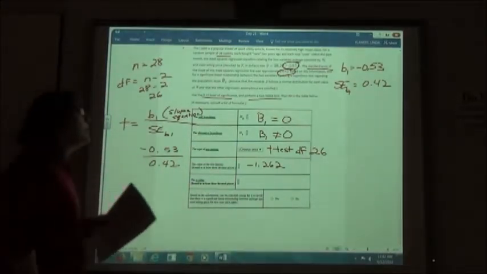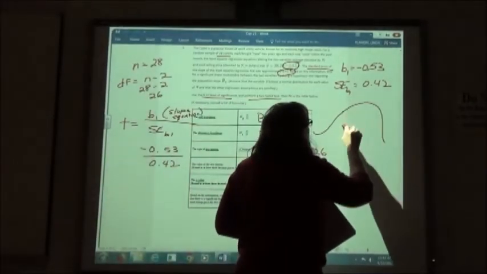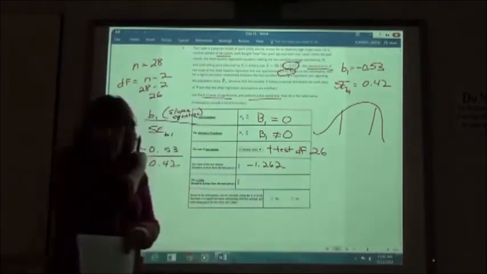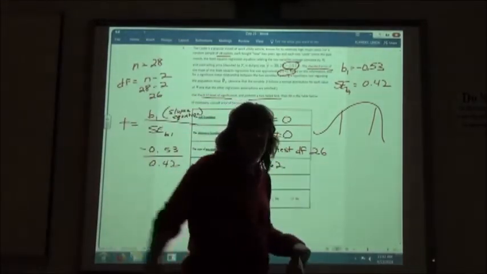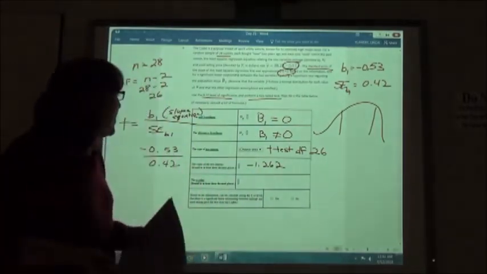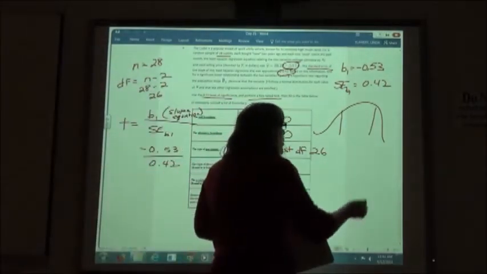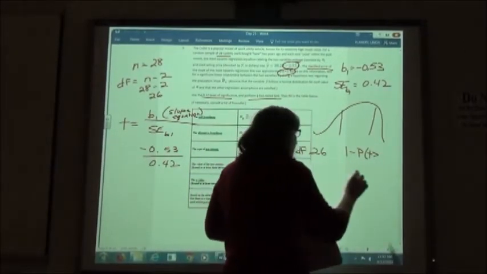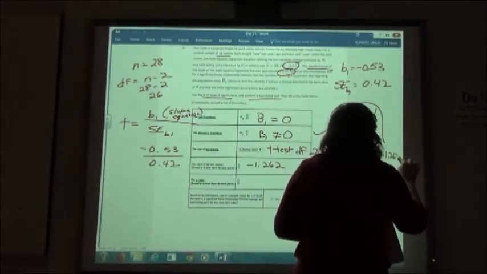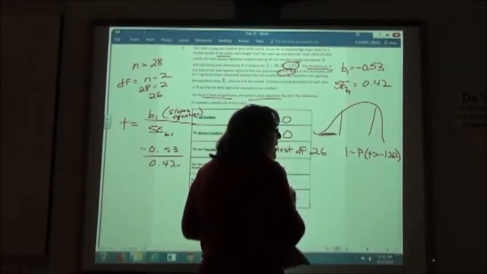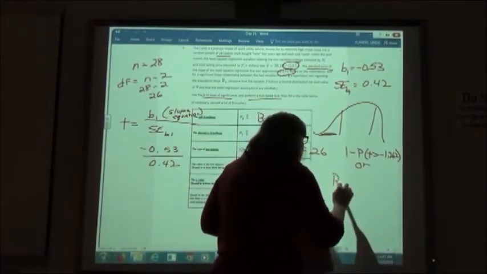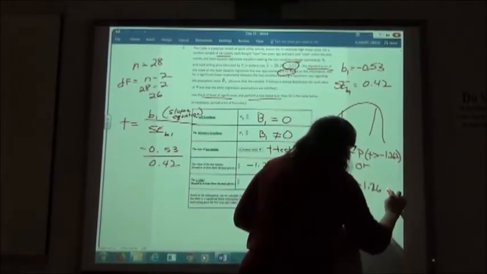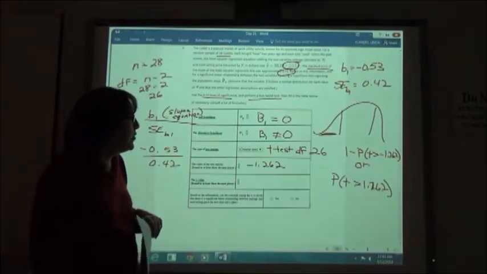So again, we have to remember that we're doing a two-tailed test. If this is negative, you're testing to the left, or we could make it positive and test to the right. So when I'm doing my p-value, I can either do 1 minus p of t is greater than the negative 1.262. That gives me this section over here. Or I can do p of t is greater than the positive 1.262, use the right number, positive 1.262.